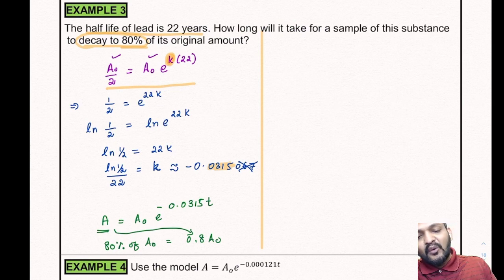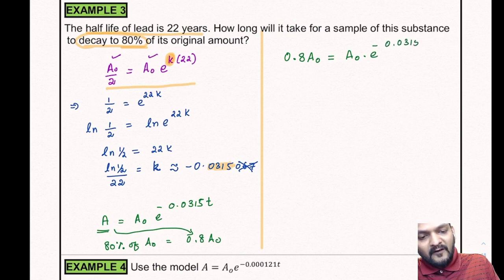So the equation that we have, if it's decayed to 80%, which means the amount that is left is 0.8 times A sub 0, whatever the initial amount is, we don't know, equals A sub 0, the initial amount, times e to the negative 0.0315t.